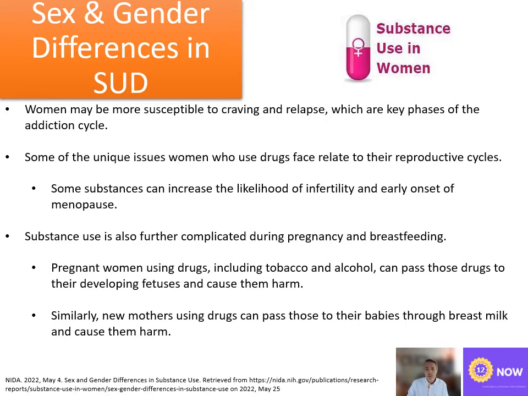Drugs and other substances, including tobacco, marijuana, and alcohol, can pass to the developing fetus and cause harm. The current opioid epidemic is driving cases of neonatal abstinence syndrome, in which babies are born physically dependent on opioids the mother used during her pregnancy. Substance misuse after birth is also a concern for breastfeeding mothers, because substances used by the mother can pass to babies through breast milk.